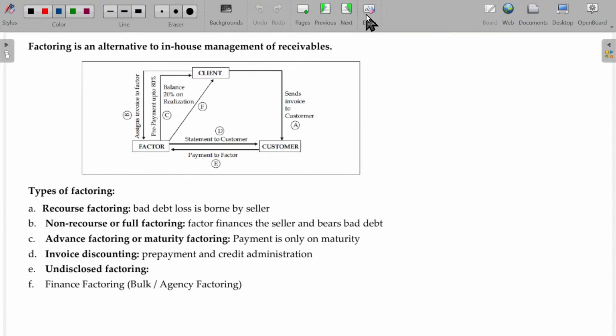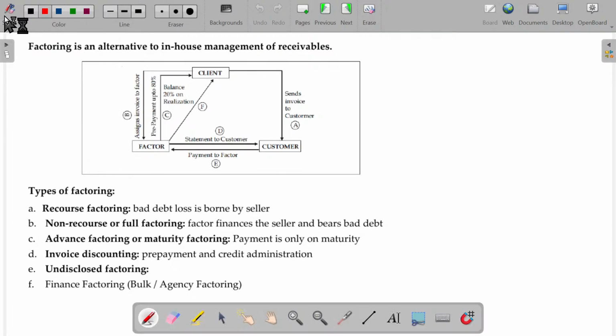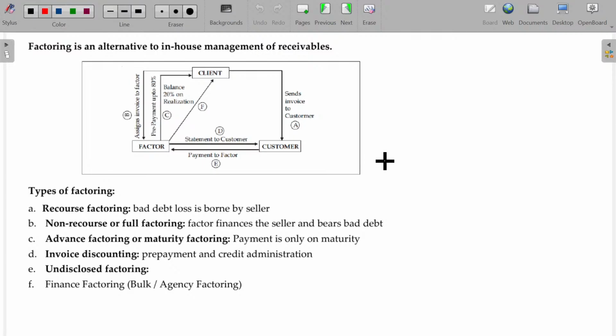In factoring, A and his customer. So what happens here?